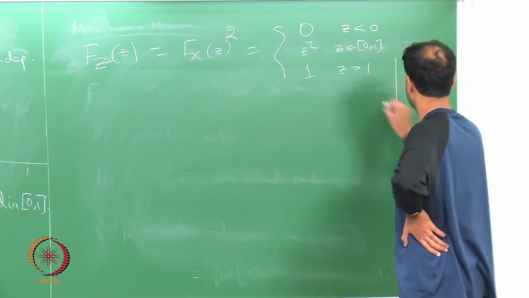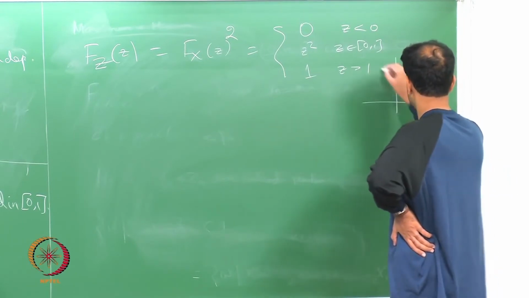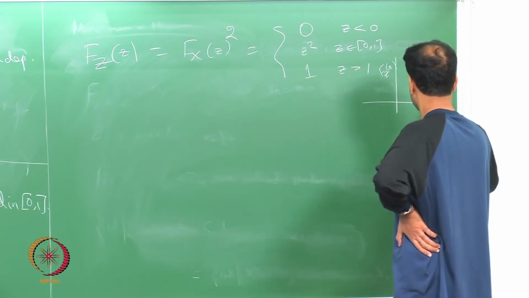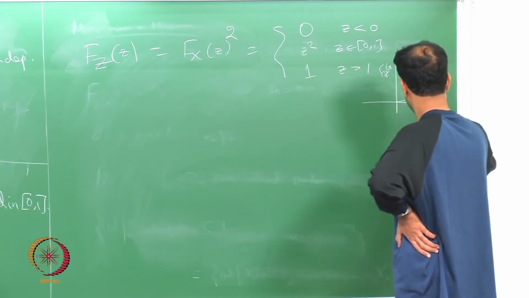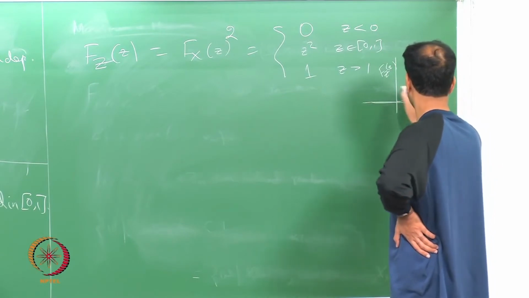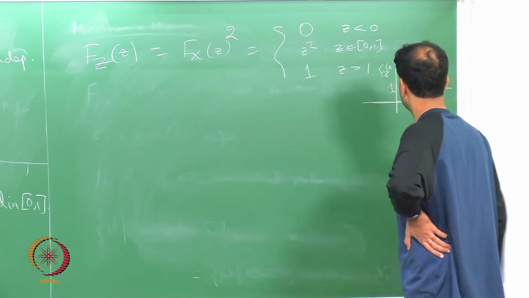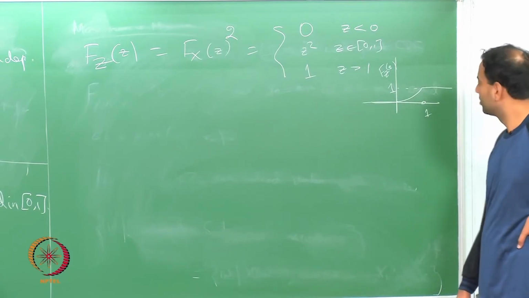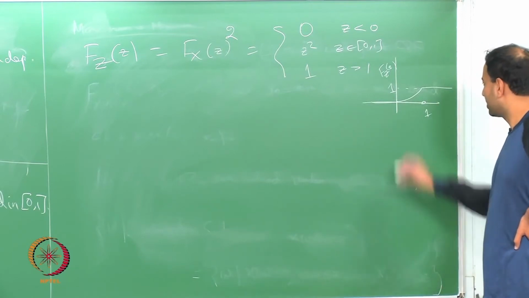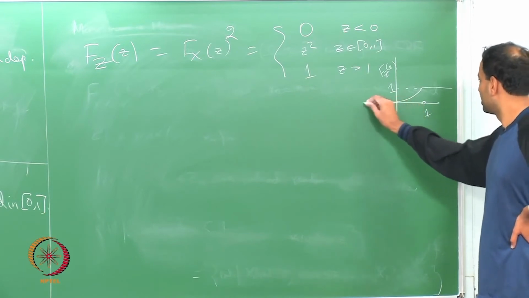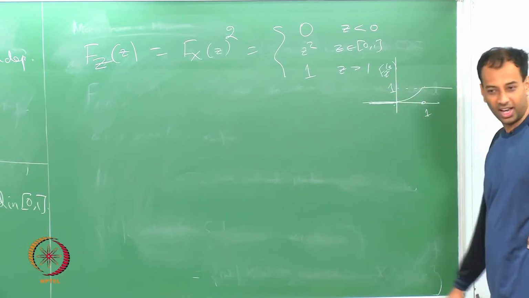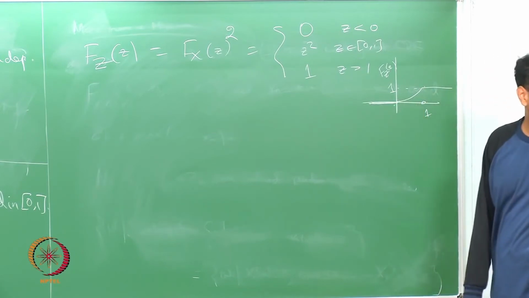So, if I plot capital F z of z, it will look like a parabola. You can see clearly that this function is differentiable except at these 2 points, and you can actually get a density as well.